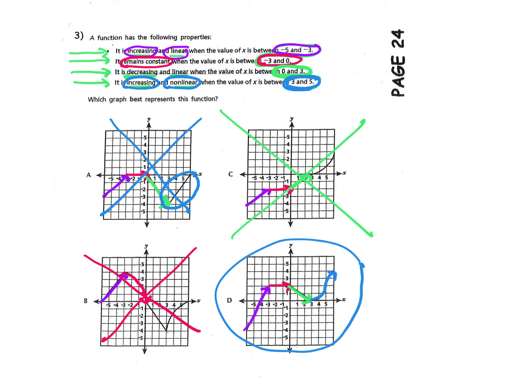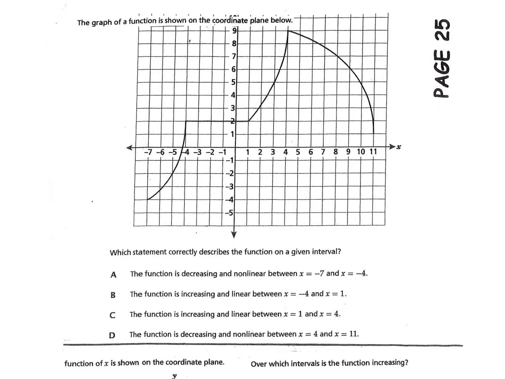Now let's move on to the final page. On the final page, it says a function is shown on the coordinate plane. Which statement correctly describes the function on the given interval? So, for letter A, is the function decreasing and nonlinear between -7 and 4?